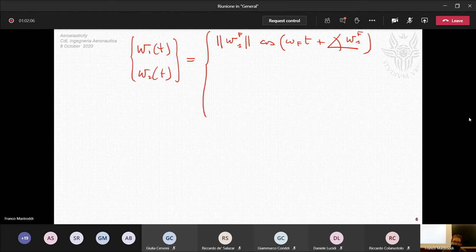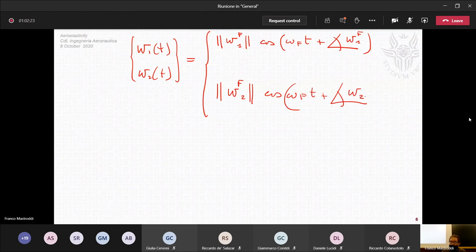And the second component, we have W flutter second component modulus times cosine omega flutter t plus phi of W2 flutter, the phase of the number W2 flutter. And I have finished.